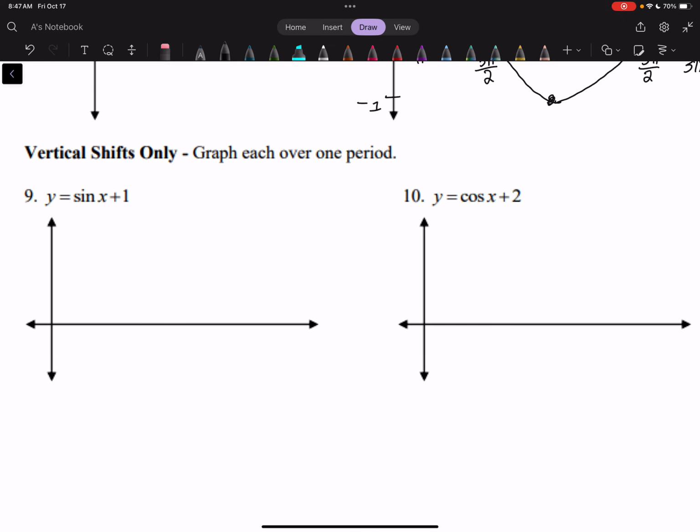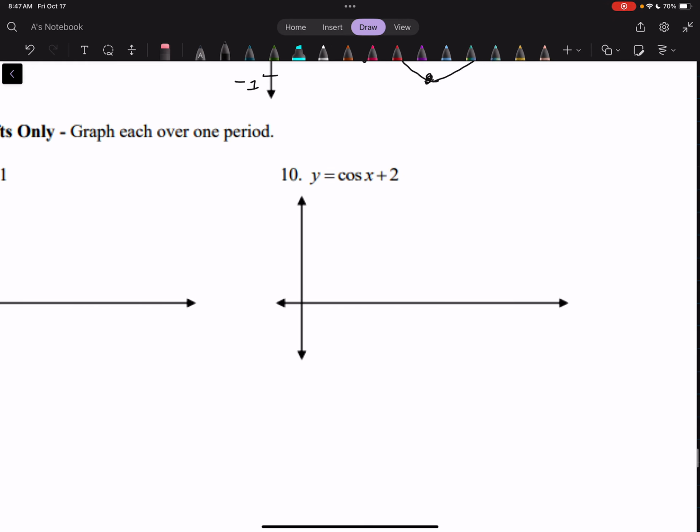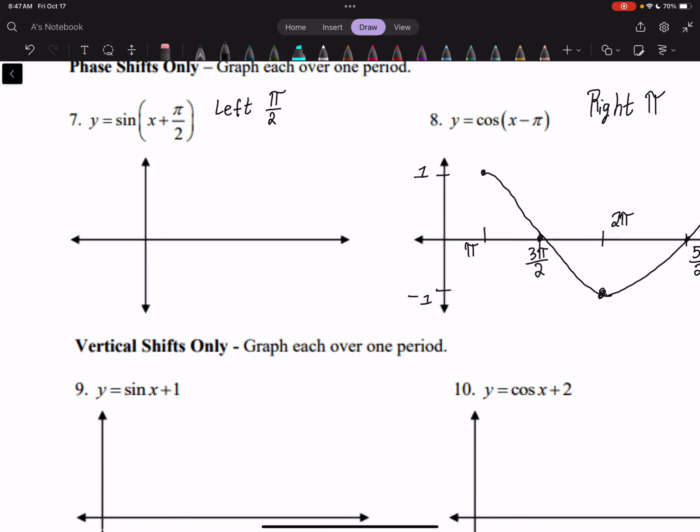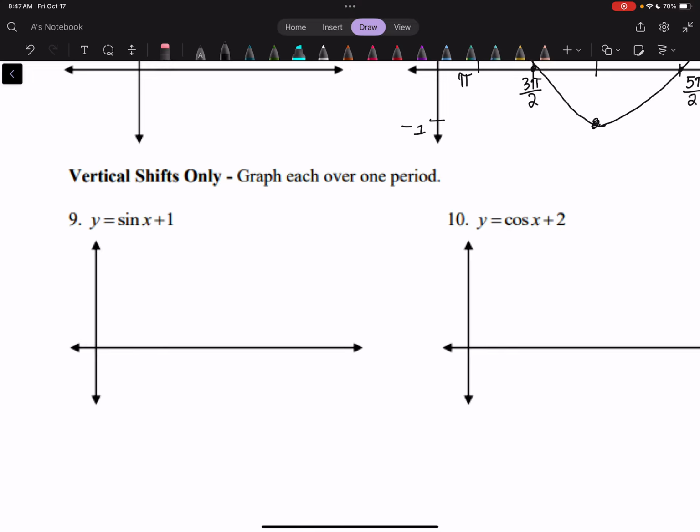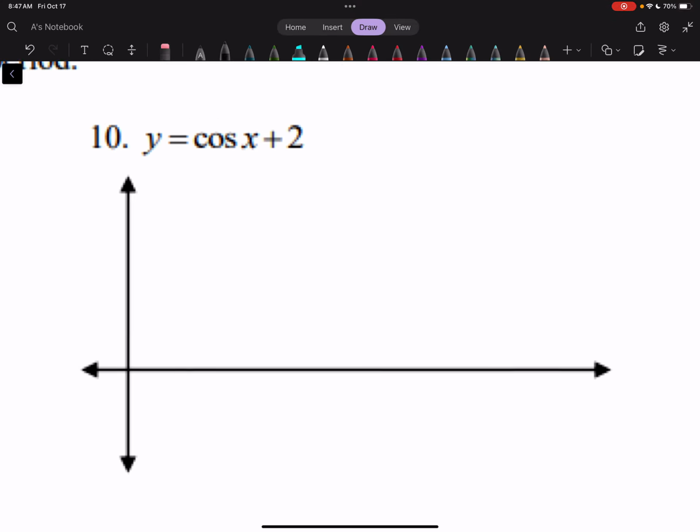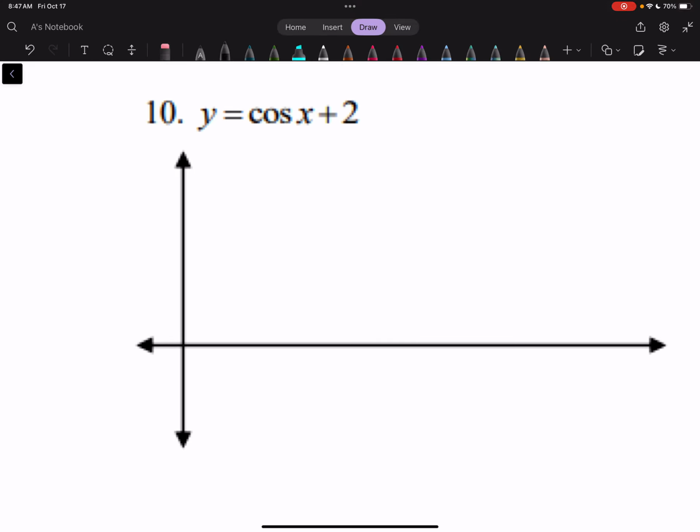Alright, vertical shifts. I'll do cosine again, and I'll let you do the 2 sine ones on these last 2 problems. This has a vertical shift up 2 units. So at 2 is my new midline.